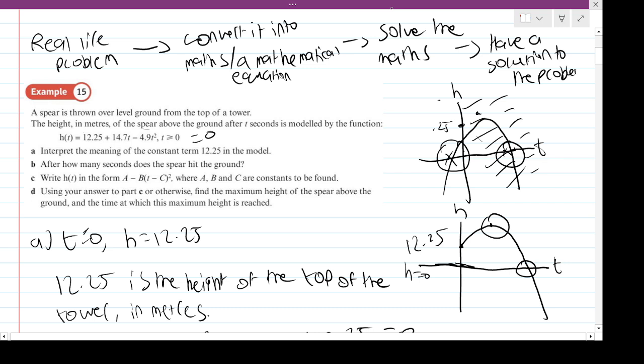So, in other words, for example, part B, say the archer, whoever threw the spear, wanted to know how long until the spear hits the ground. Therefore we have to model it. We have to make a mathematical equation. We notice the spear looks like it's moving in a quadratic fashion, so we found a quadratic equation.